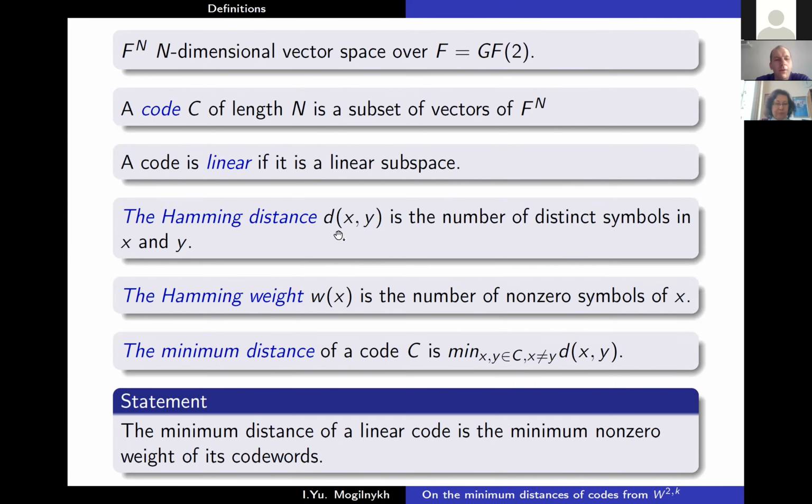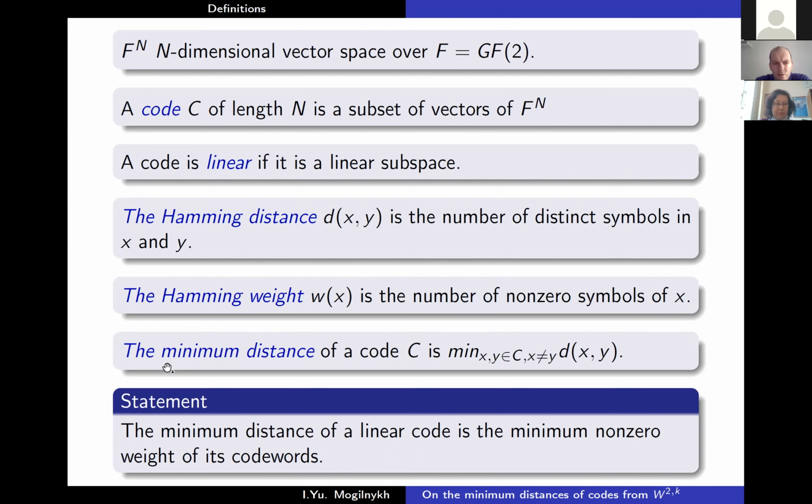For a pair of vectors of the same length, one might define the Hamming distance between these two vectors as the number of distinct symbols in vectors x and y. The Hamming weight of a vector is the number of non-zero symbols of this vector.